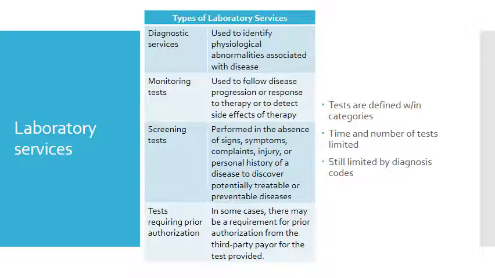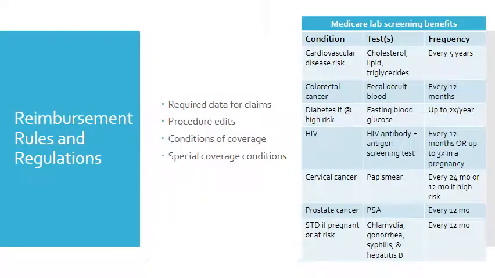Okay, so those are a relatively limited number of tests, but the big thing is that depending on which category you're assigning that particular test to, it'll limit the time and the number of tests that can be performed. And then there are rules and regulations that apply to reimbursement, to how you get paid.